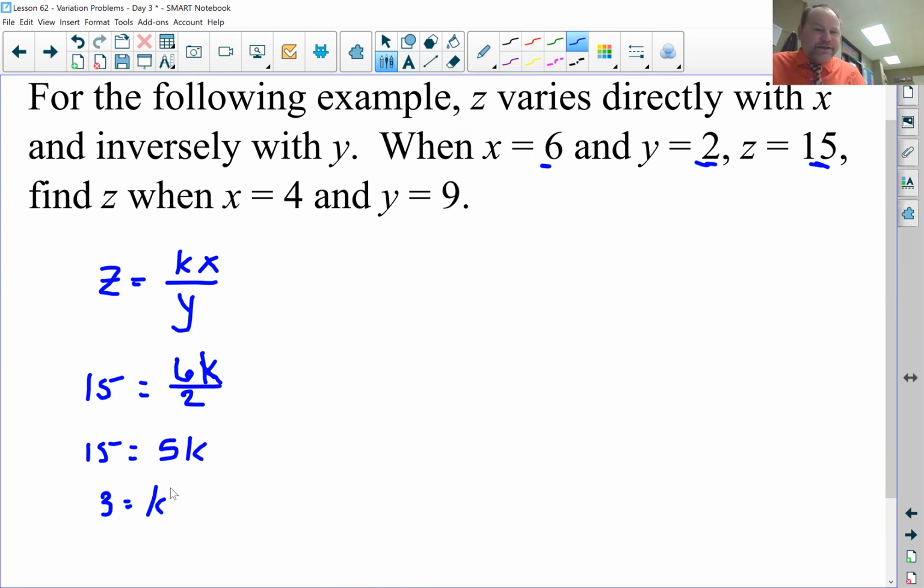Knowing that K is 3, we can go back and solve for any of the other variables if we know 2 of the values. So in this case, I want to find Z when X is 4 and Y is 9.